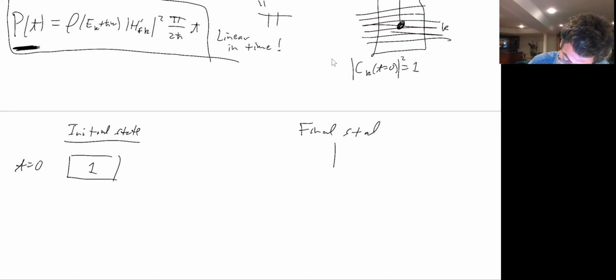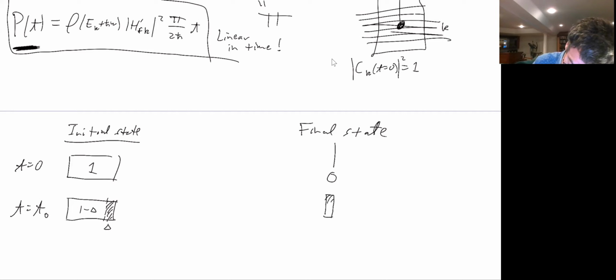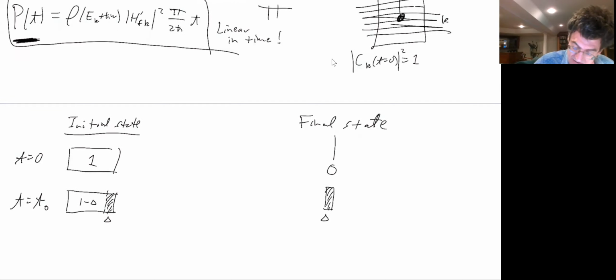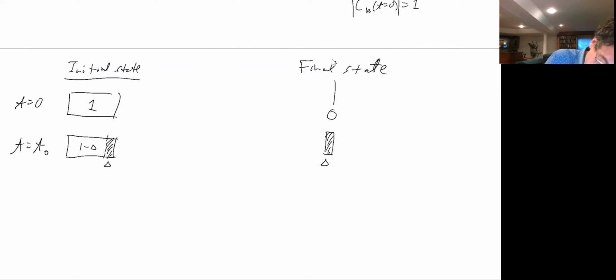There's no probability here, that's 0. Whereas as t gets bigger, let's say t equals t naught, then I lose some of my probability. So now I lose this much. Let's call that delta. And so I have 1 minus delta left. And in this final state, I have the delta.